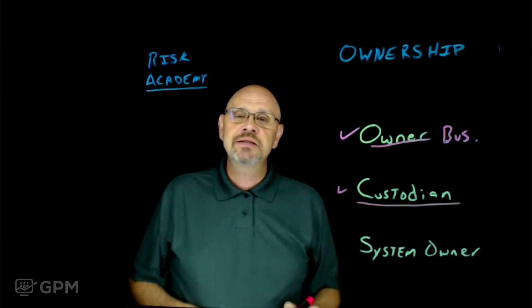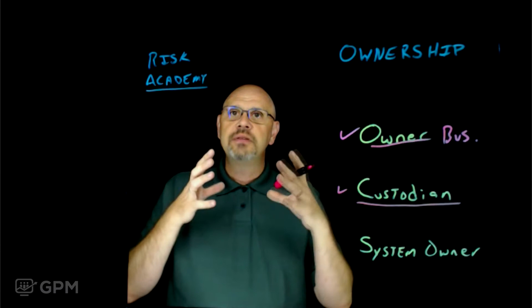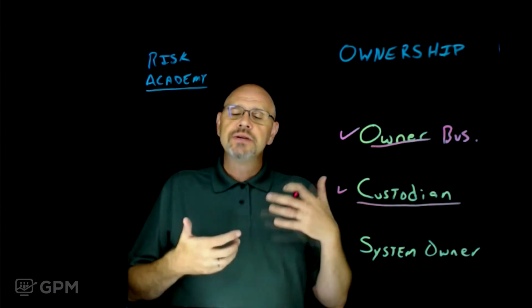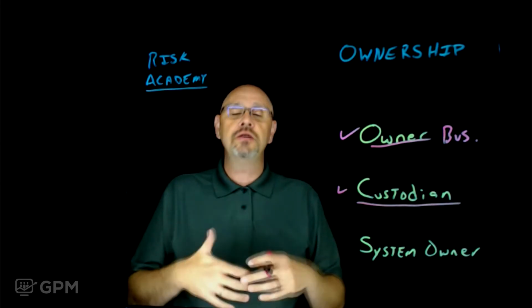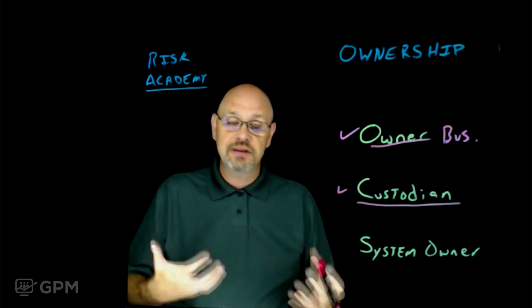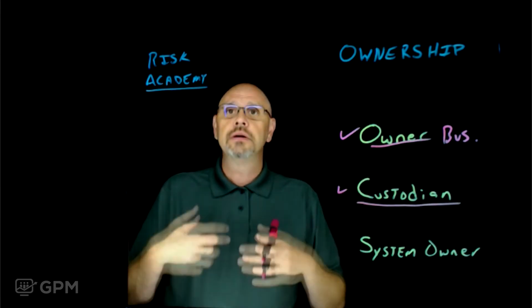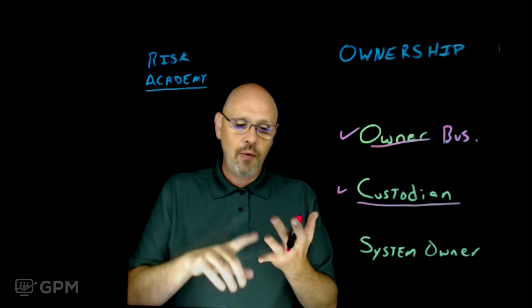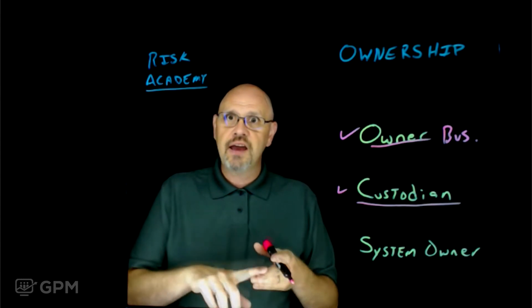A data custodian is typically your IT folks. They take care of it for you. If you think of this in terms of a pet, say you've got a dog and you want to take your dog to a dog sitter. You as the owner take your dog to the dog sitter and you explain to them they get fed this way, they get walked this way, only this food that I've provided.